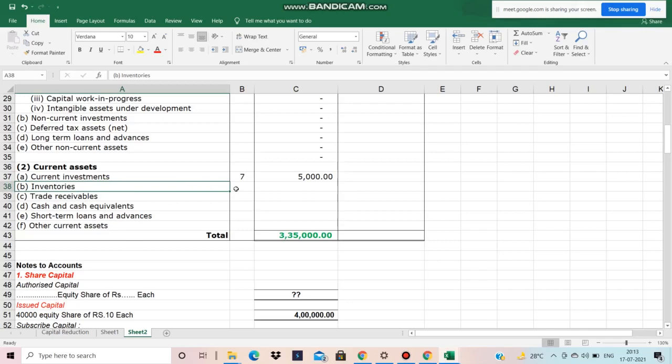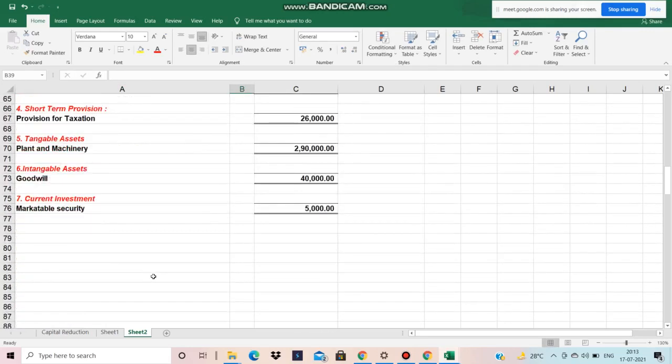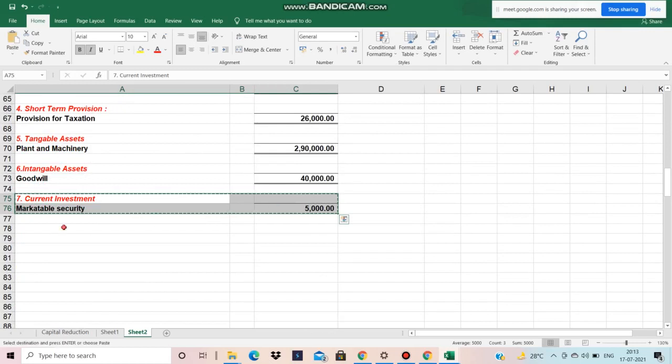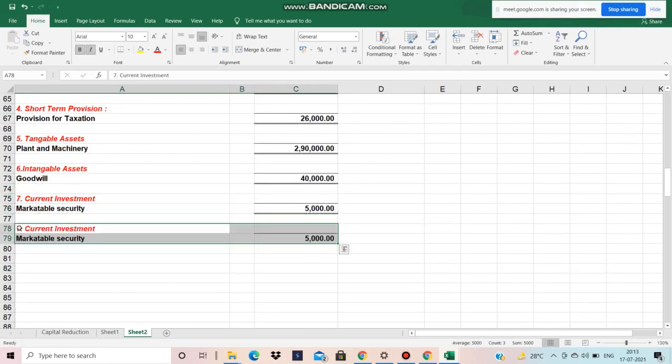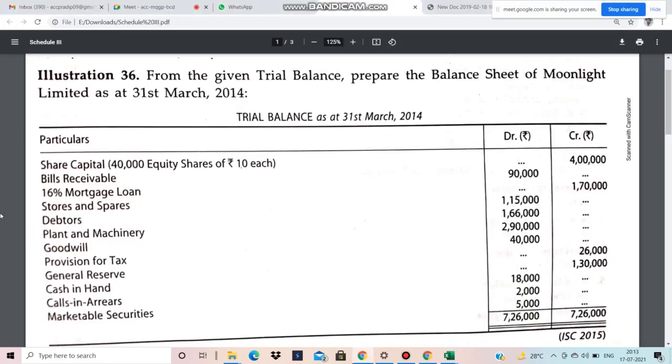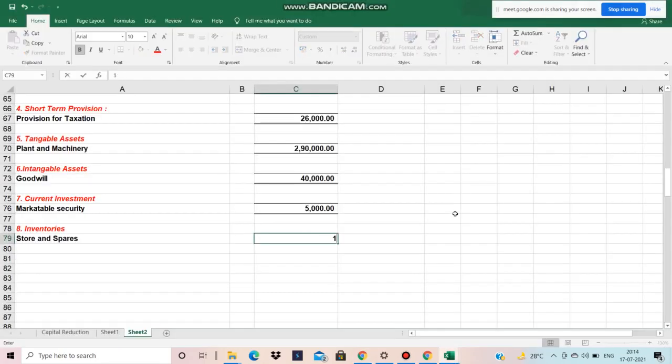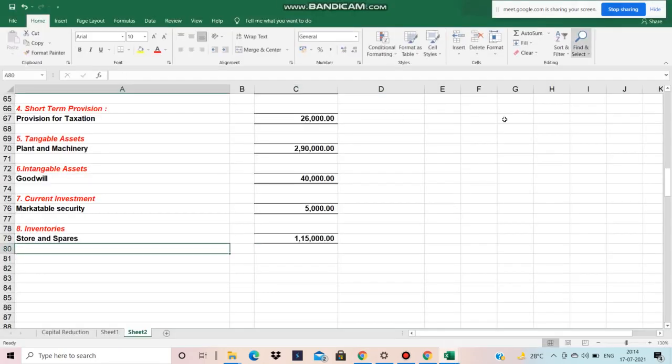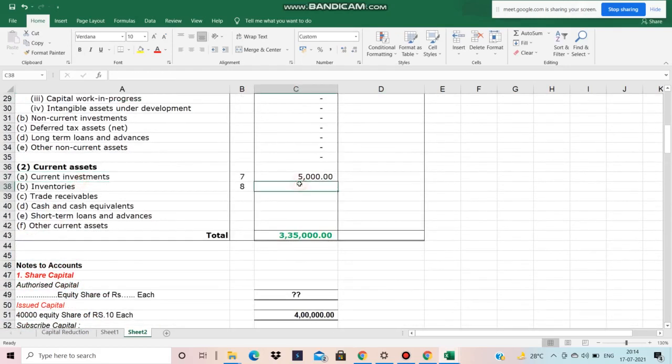So note number 8, under this head, inventories, stores and spares, they come under the inventories. Stores and spares are 1,15,000. So it will come under the inventory.